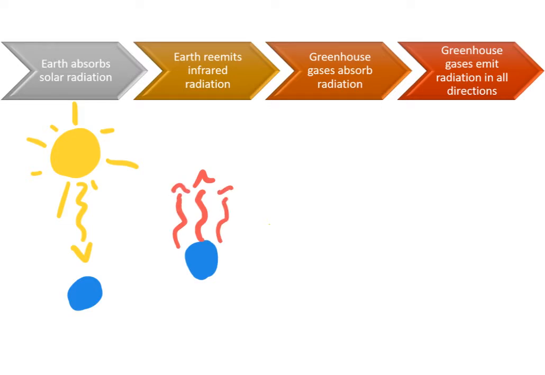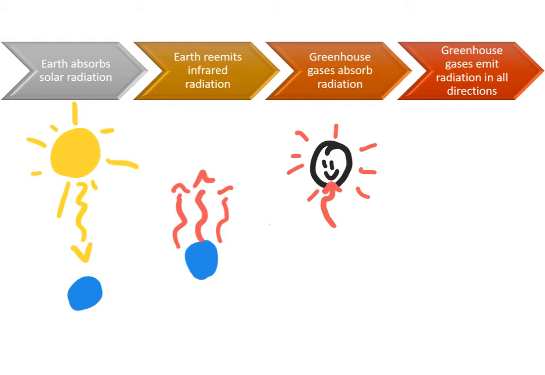And what's important here is that our greenhouse gases absorb infrared radiation, but not visible light. So what will happen is our greenhouse gases, which I'm going to go ahead and just draw as a little happy circle for now, are going to absorb that infrared radiation, and they will have some extra energy as a result.